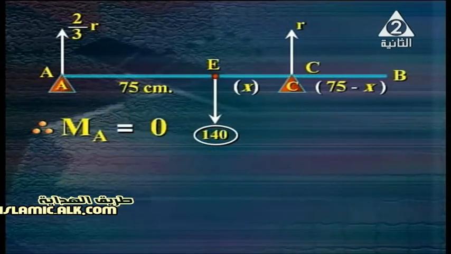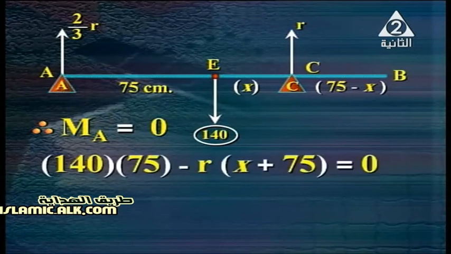After that, we find moment about A equals 0. Look at 140 times 75 minus r times the distance between A and C, which is x plus 75, equals 0.